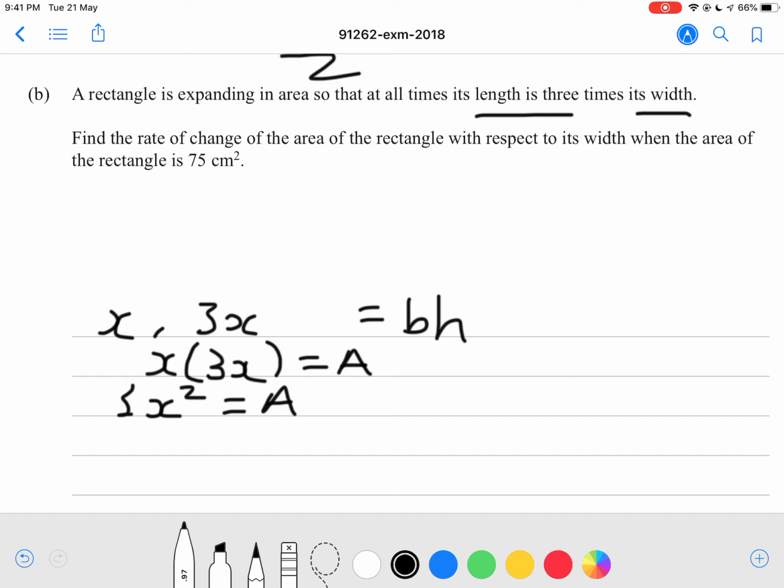So first we're going to find what x is when the rectangle is 75 square centimeters. Then we're going to substitute this x value into the gradient function to find the rate of change at this moment in time.